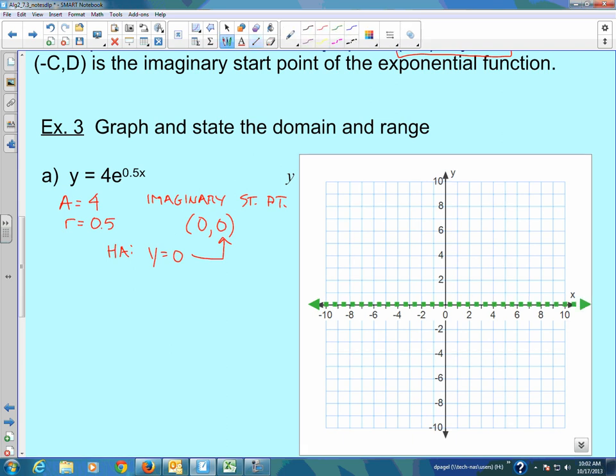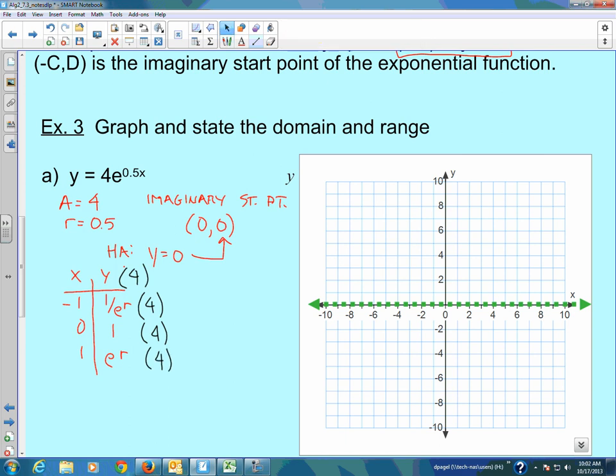Then if we're talking about our movements for our table, our parent function, we have left 1, 1 over e to the r, 0, 1, 1, e to the r. Well, our e to the r is e to the 0.5. And each of these y values are going to get multiplied by our vertical stretch factor of 4. So I have times 4 for each of these components. So what would I have? I have 1 over e to the 0.5, that thing times 4.